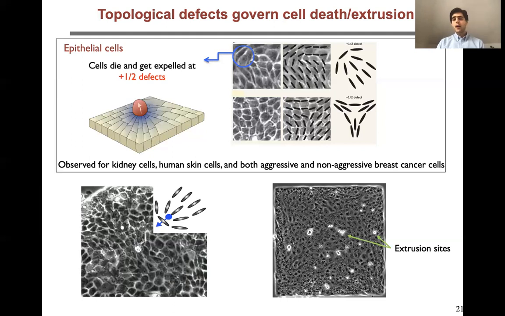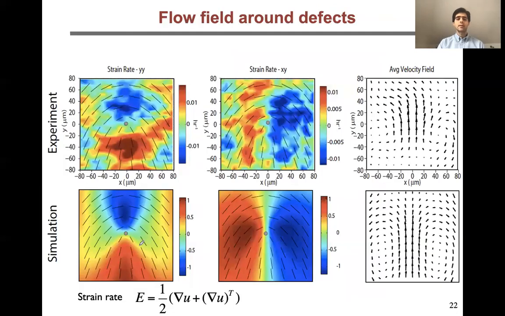Again, we wanted to understand why this happens at the location of +half defects. If you compare the active nematic theory with the experiments, you get a good agreement in terms of flow fields. But more importantly, in the experiments, they can measure the stress field, the mechanical stress that these cells exert on the substrate.